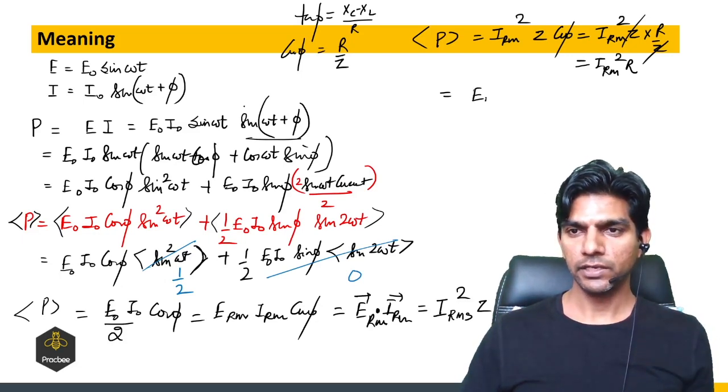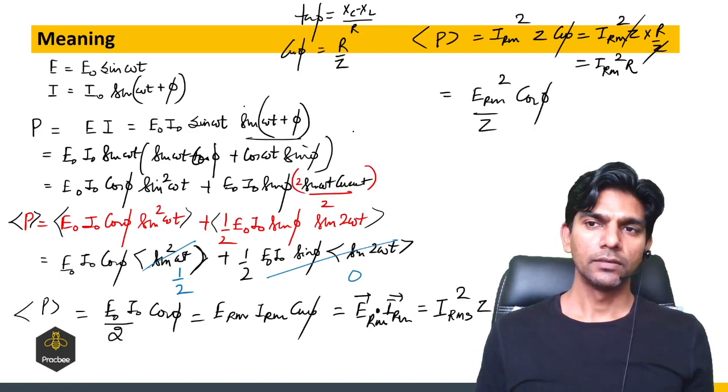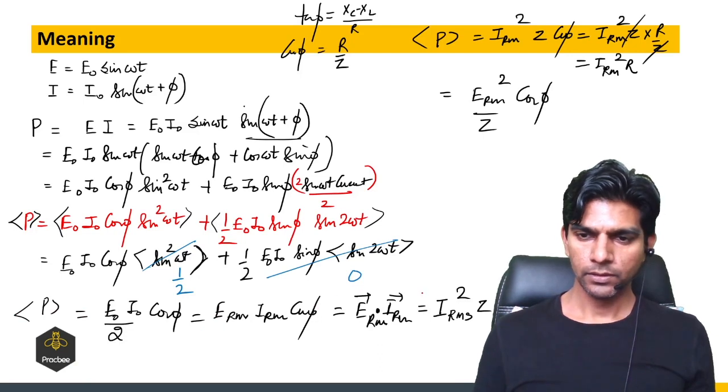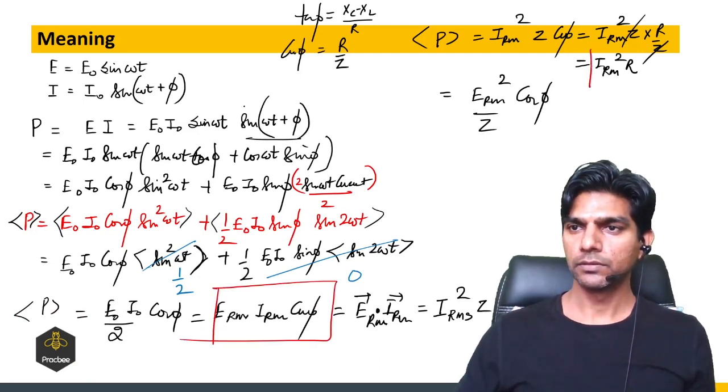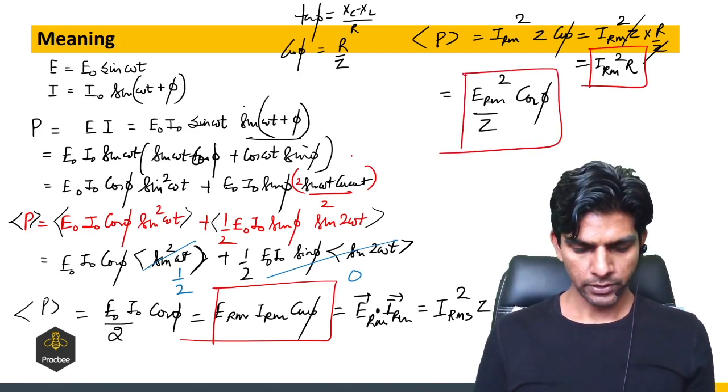So we have E RMS square by impedance times cos phi. So you have to remember this formula and this formula, right? These are the three formulas that you have to remember.